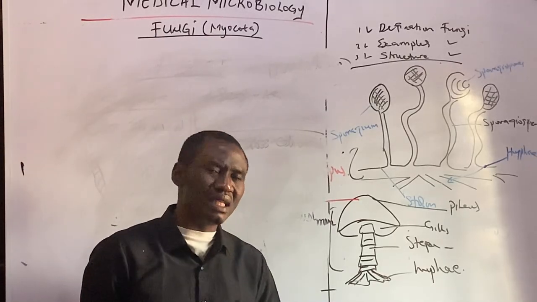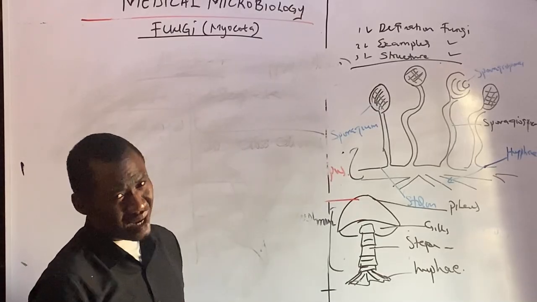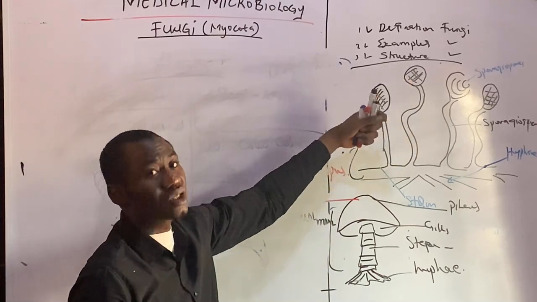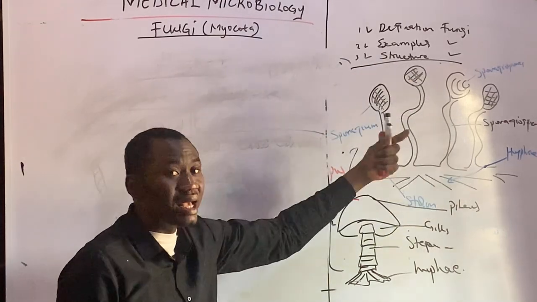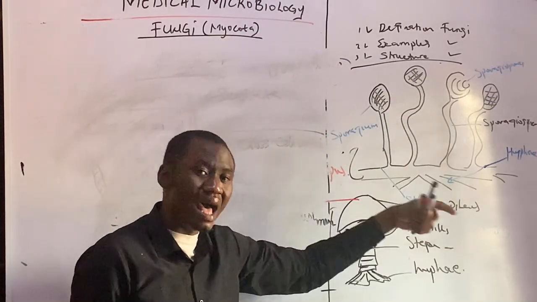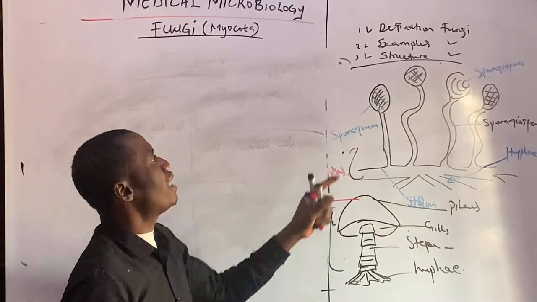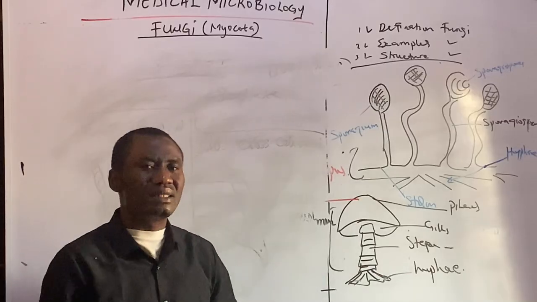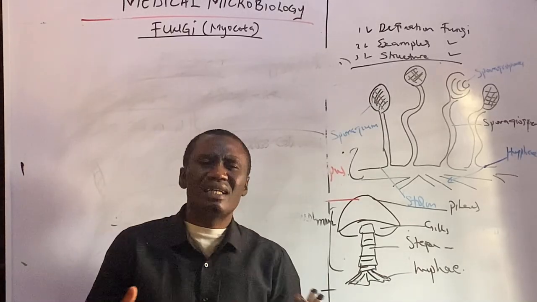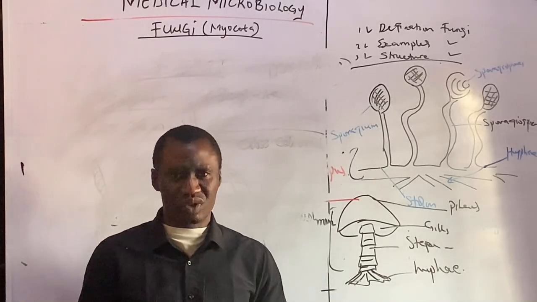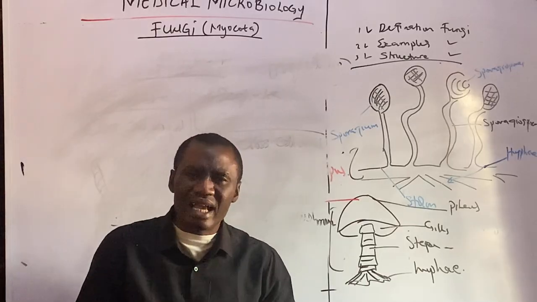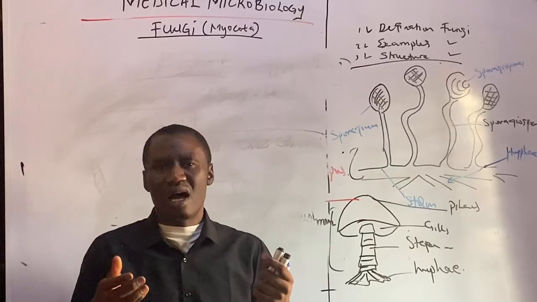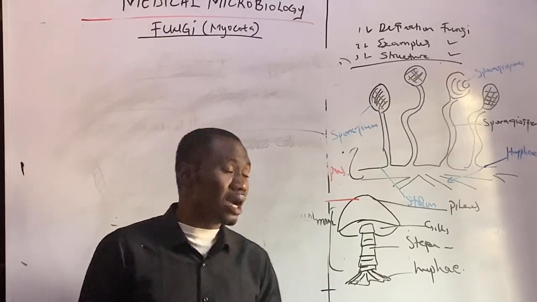Another characteristic of the structure of the fungi is that the cell wall is made up of chitins and polysaccharide. Meanwhile, another feature is that it has a dense, clear nucleus. If you're writing, it has a dense, clear nucleus that contains chromatin.